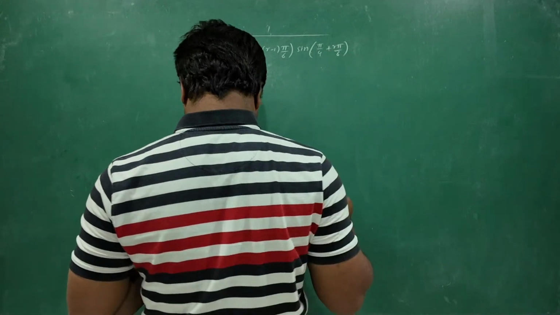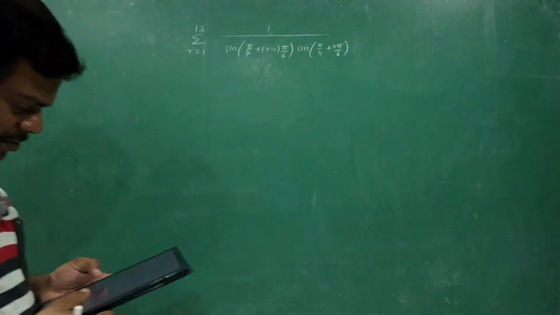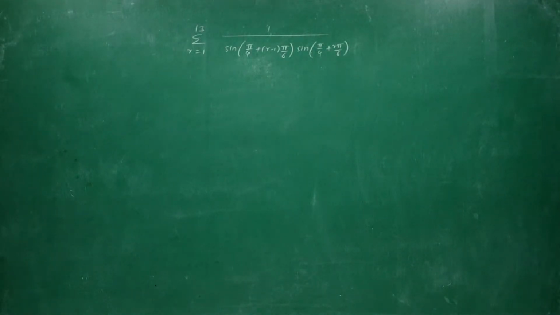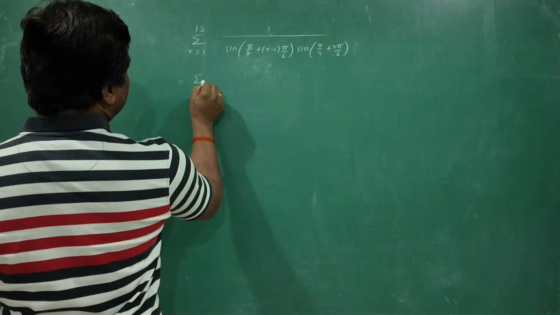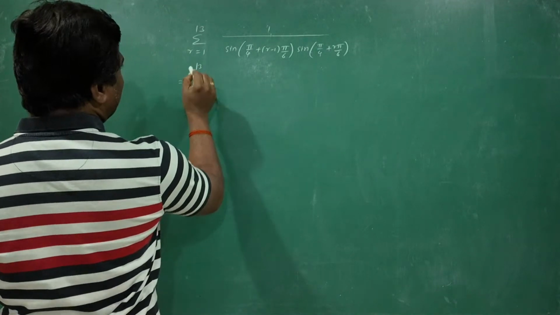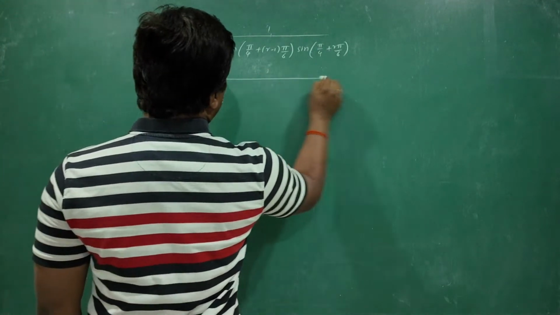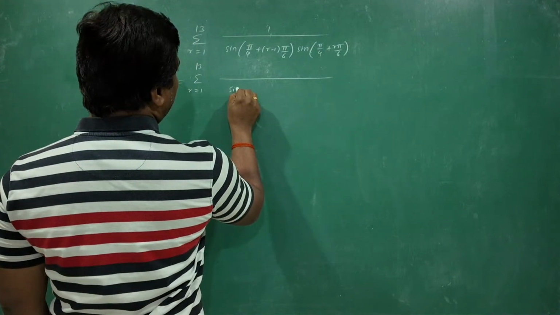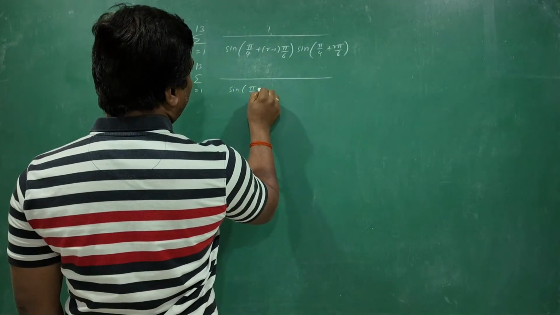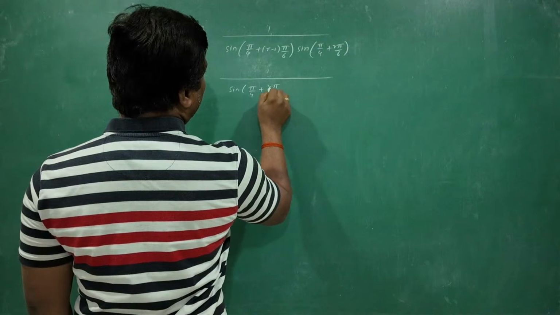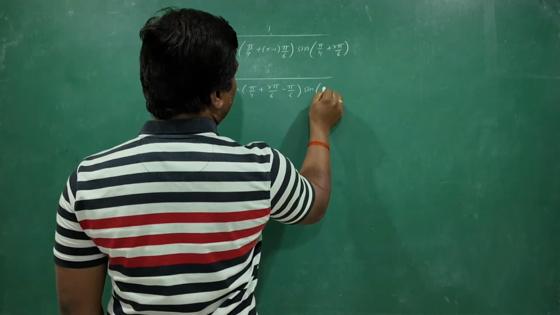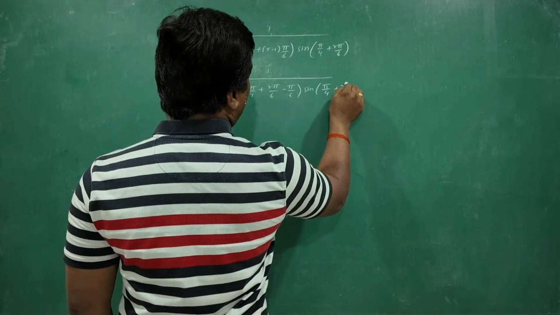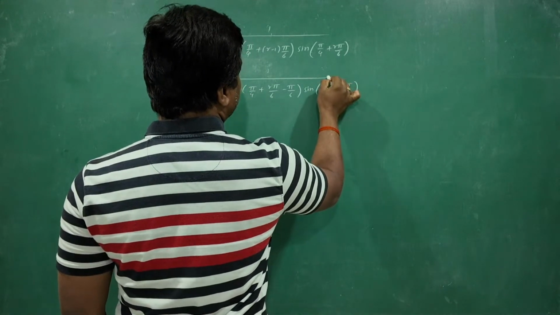So this is the question. I am going to rewrite this. r value from 1 to 13, 1 divided by sine of pi by 4 plus r pi by 6 minus pi by 6 multiplied by sine of pi by 4 plus r pi by 6.